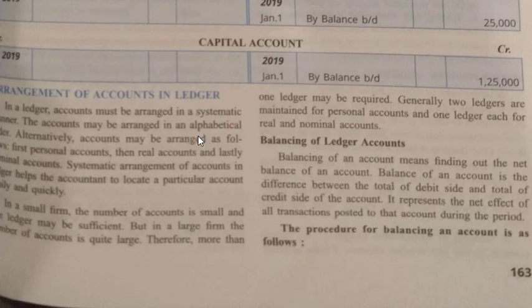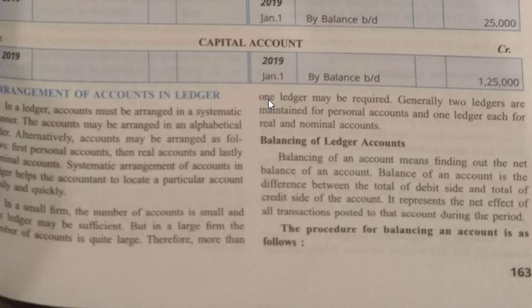Agreement of accounts in a ledger. In a ledger, accounts must be arranged in a systematic manner. The accounts may be arranged in alphabetical order. Alternately, accounts may be arranged as follows: first personal accounts, then real accounts, and lastly nominal accounts.